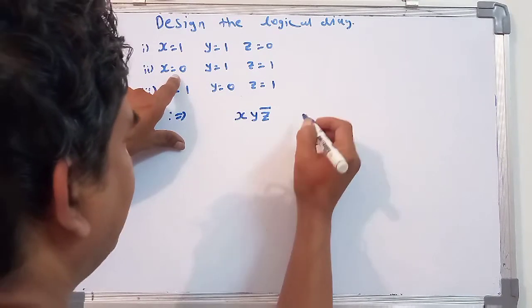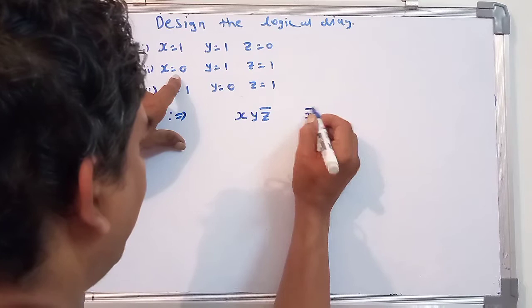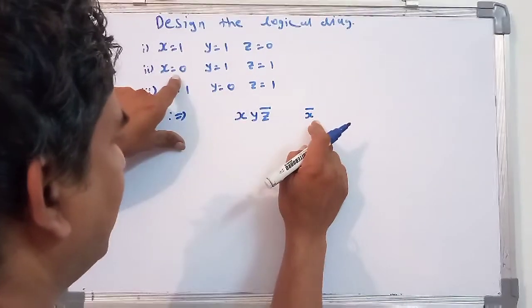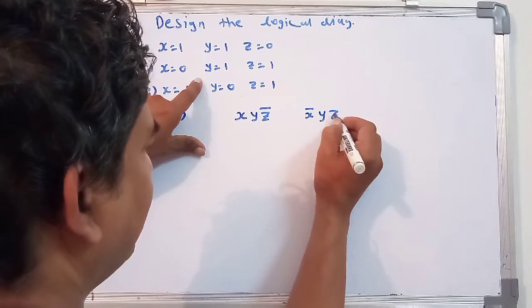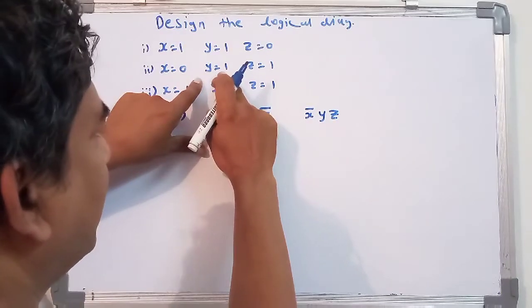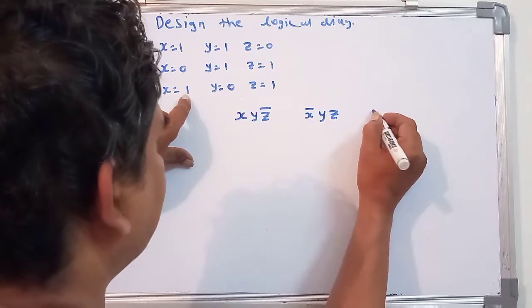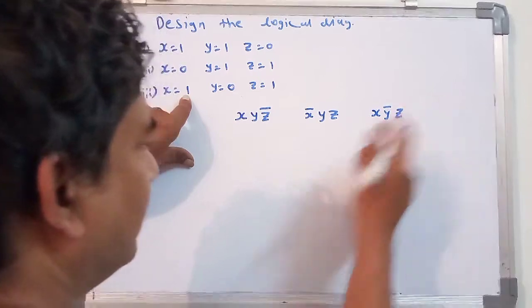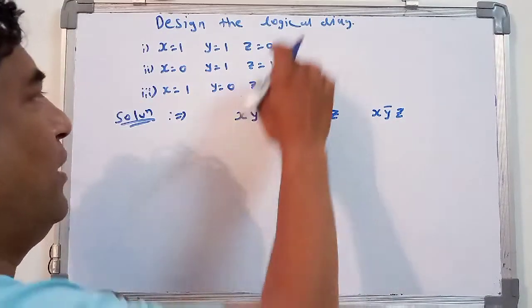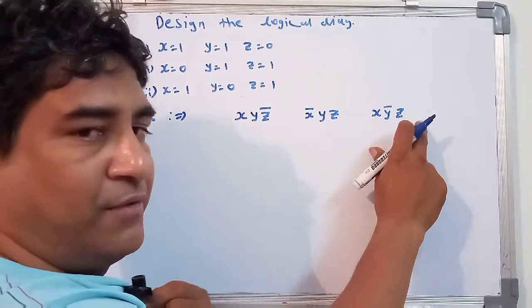Then the second value, x bar, because here there is 0, and that's why you write x bar. Then y and z, as they have the values 1 and 1. Then again the third equation, that is x, y bar, and z. Okay, students? From the above 1, 2, and 3, we have found these terms.